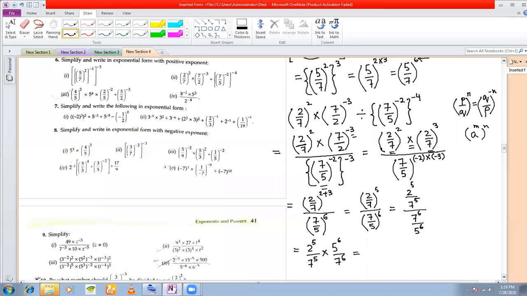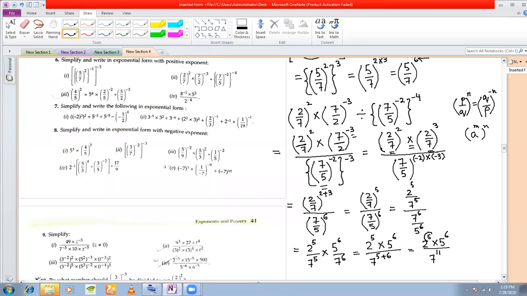Okay, so this is 2 to the power of 5 into 5 to the power of 6 divided by, in the denominator the bases are same, 7. You can add the powers, 5 plus 6, so you get 2 to the power of 5 into 5 to the power of 6 divided by 7 to the power of 11.